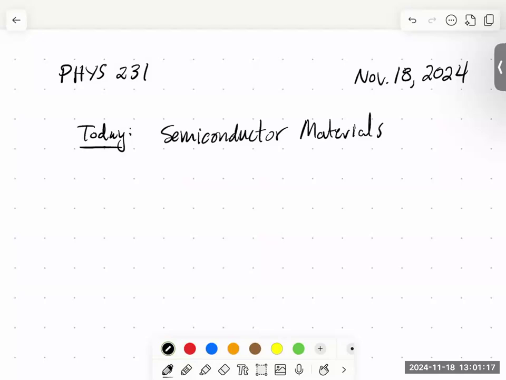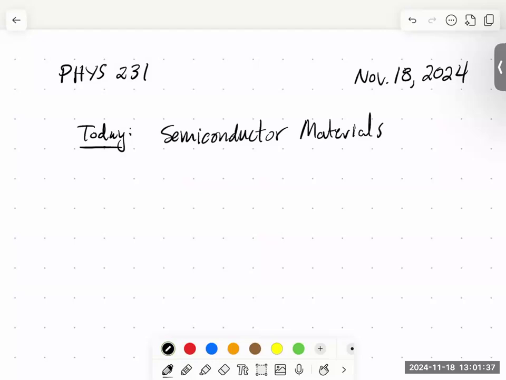So probably Wednesdays will be focused on getting ready for the lab activities, and then Mondays will be the semiconductor stuff and building diodes and transistors. Okay, so let's get started.